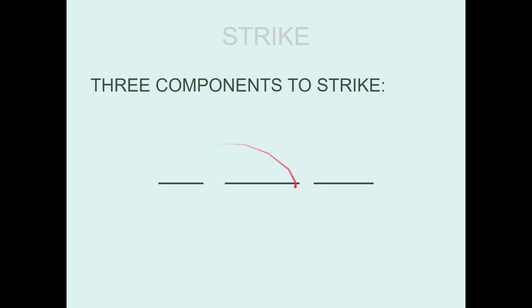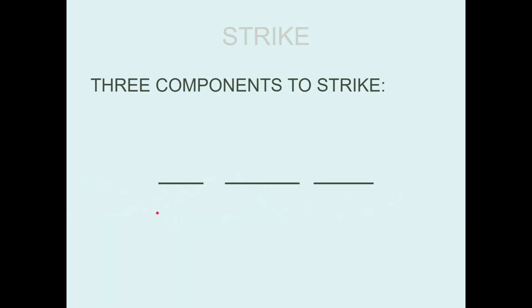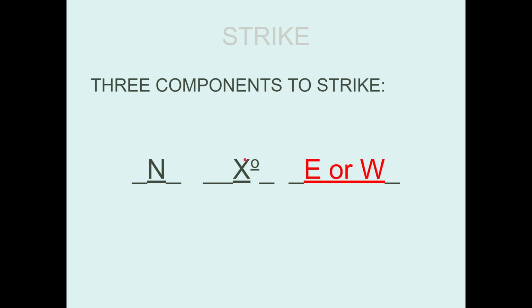There's a couple of different ways to measure strike. The first way, and actually this is not the way I prefer to do it, is you'll use three components. You'll say it's striking towards the north, and you'll use some sort of degree angle, and then you'll say whether it's east or west.